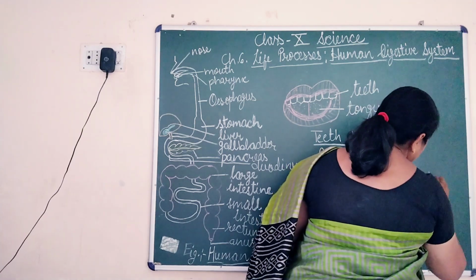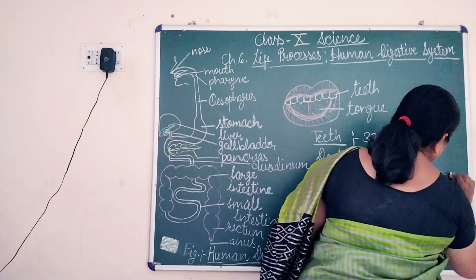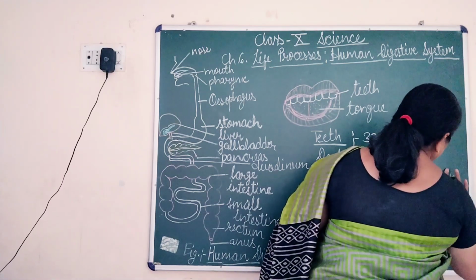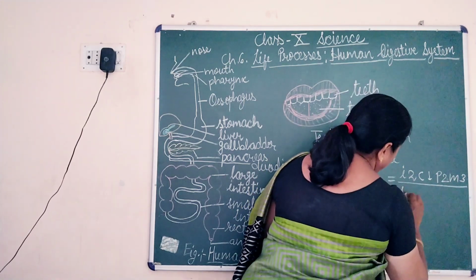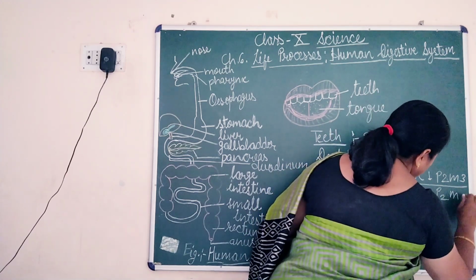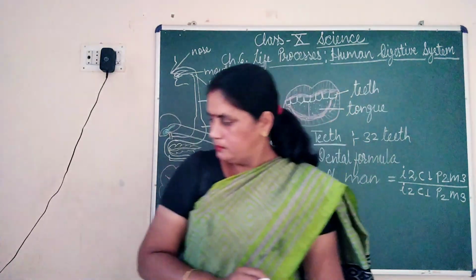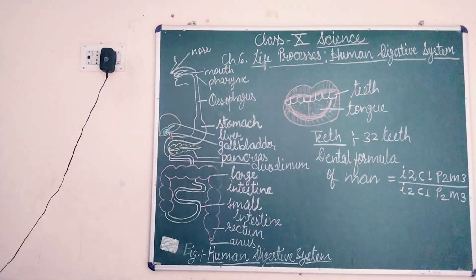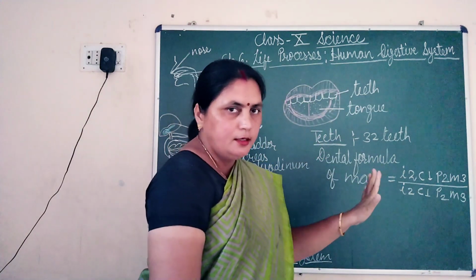So here it is, the dental formula of man: I2 C1 P2 M3 over I2 C1 P2 M3. Now children, if you count, it is not a mathematical calculation.